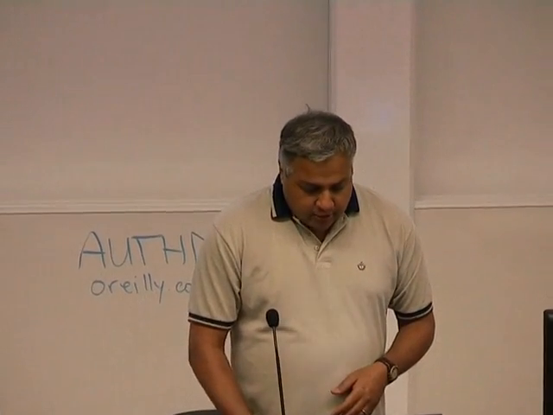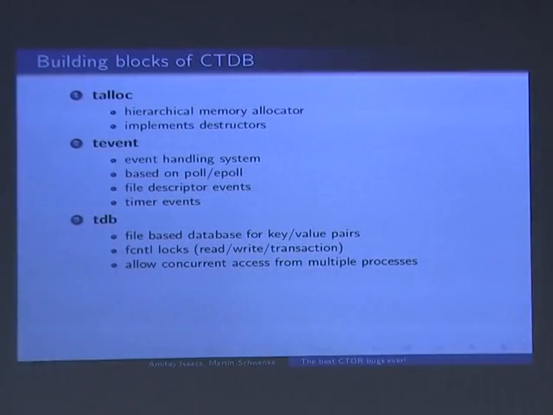Okay, so what is CTDB made up of? Three important libraries or components. One is talloc, which is the dynamic memory manager. It's hierarchical and it simplifies a lot of memory management tasks in CTDB. Then tevent, which is the event handling framework.